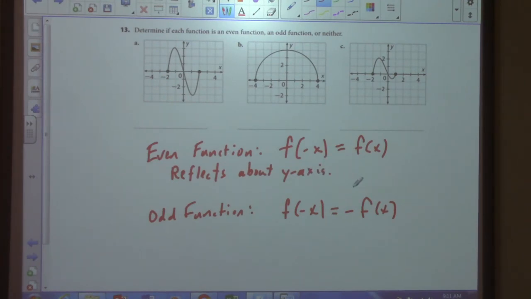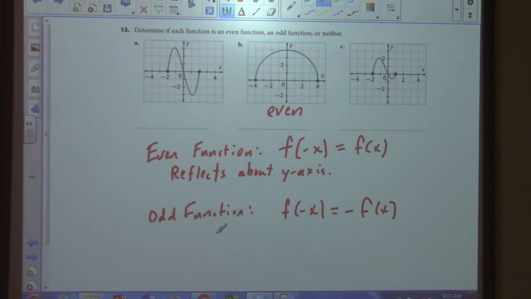So if you see a function that reflects upon itself on the y-axis, that's an even function. So what do we have for an even function up here? So this would be it, right? Even. Randy gave us the plain explanation. What about for an odd function?